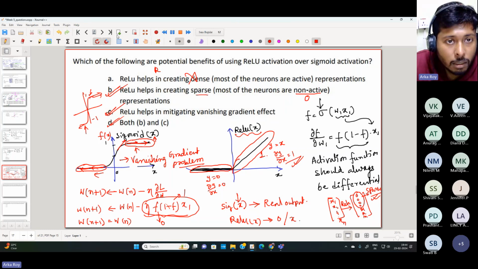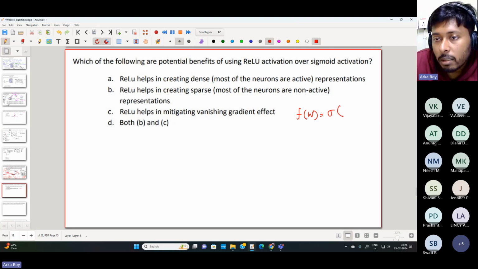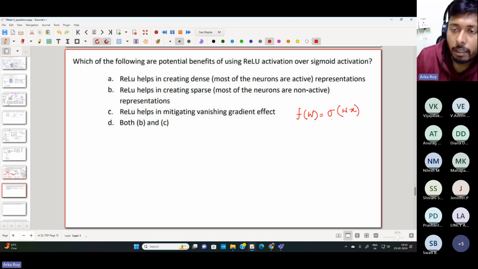So let's say you have a function f of w, which is sigma of w into x. Now let us take the gradient with respect to w.